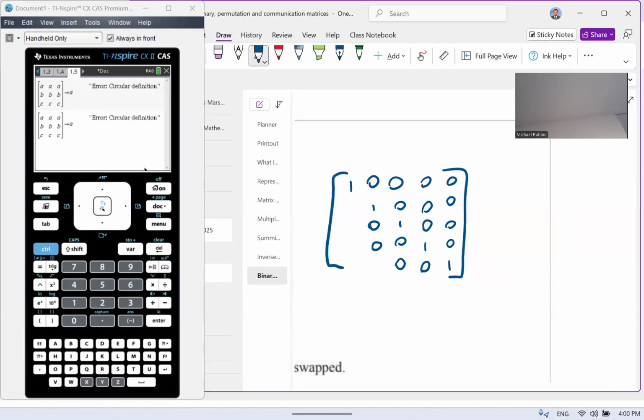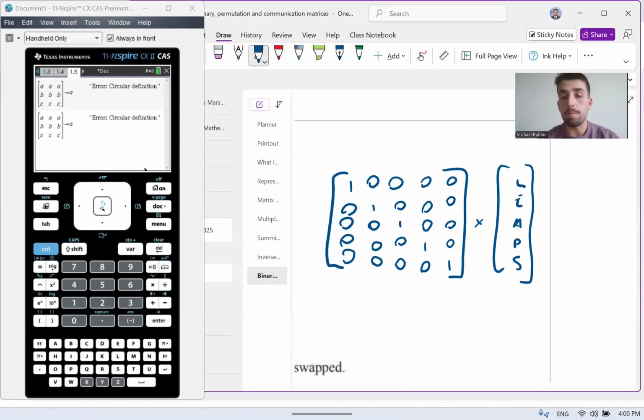If we did the identity times a matrix called LEAPS, what would the outcome be? LEAPS. But we wanted to change it around. We want to get PALES. So we want P to be first, then A, L, E, and S.